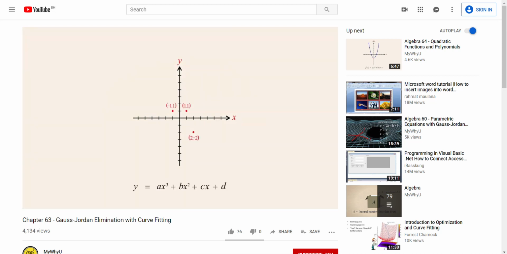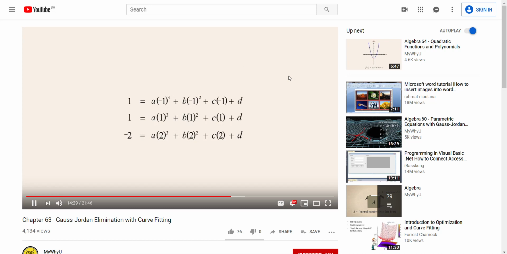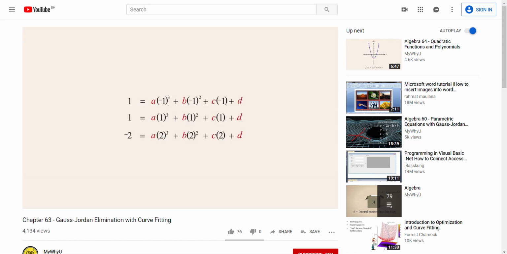Once again, we start by substituting the known values of x and y into our function. The equations have 4 unknowns: A, B, C, and D. And just as before, we rearrange and simplify the equations.